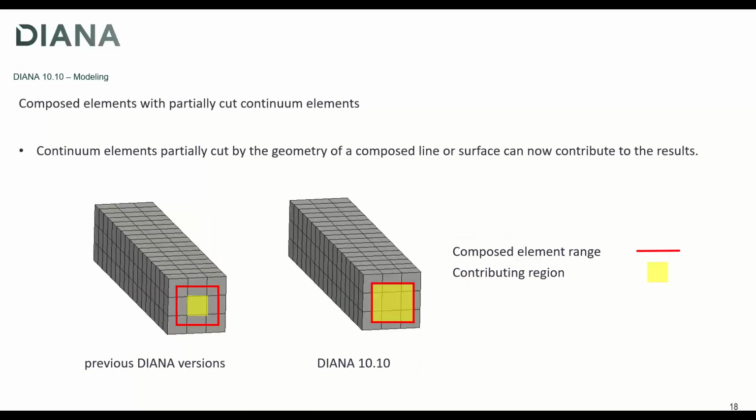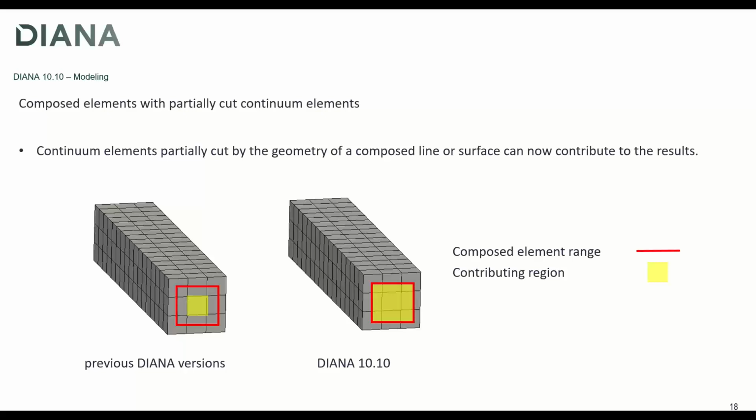Here I'll be talking about a new feature for composed elements. Previously, only those continuum elements which were completely located inside the range of a composed element contributed to the forces and moments. But in the case of coarse meshes, this could lead to fluctuating force moment diagrams.